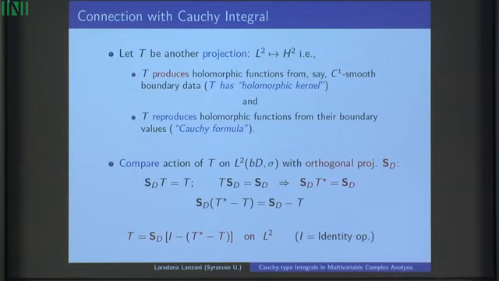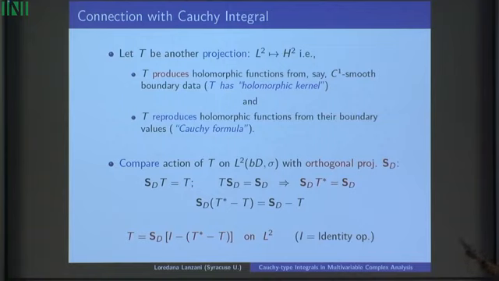So let's talk now about a connection of the Szego projection with the Cauchy integral, another connection. Let's forget the Cauchy integral for a moment and talk in general terms. Suppose that you have another projection T from the Hilbert-Lebesgue space L2 to the Hardy space H2. Projection onto this space means two things.